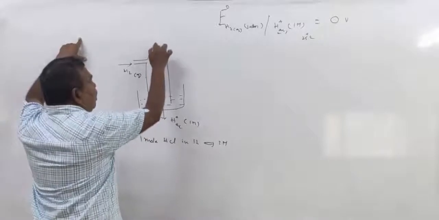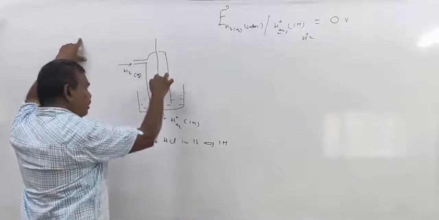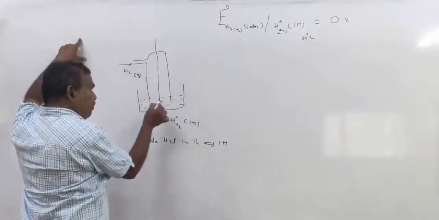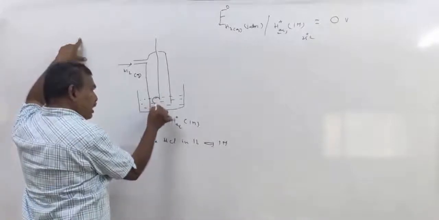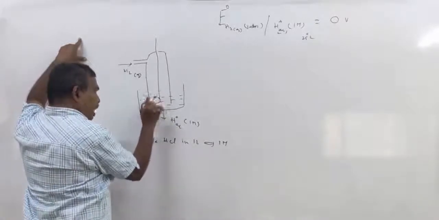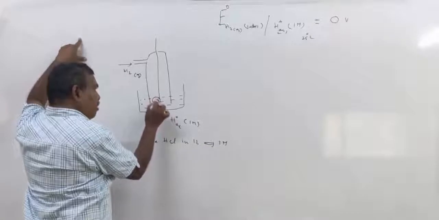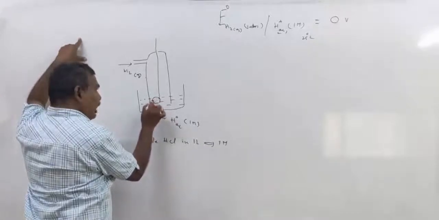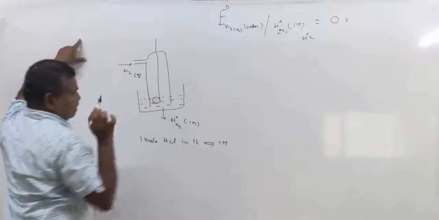And a platinum wire having a circular disc, having very small, tiny holes in the disc.